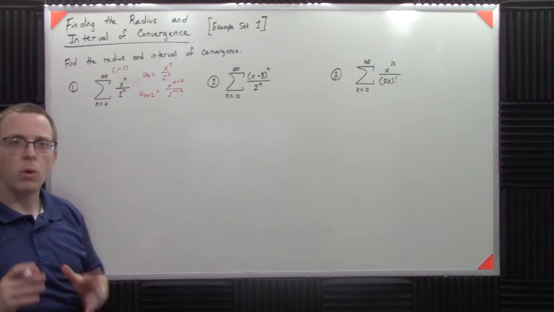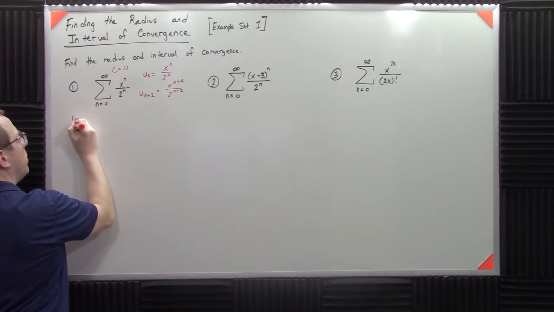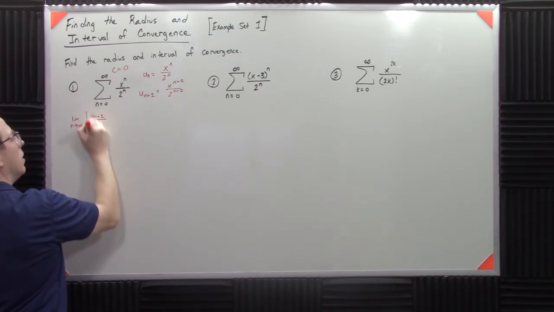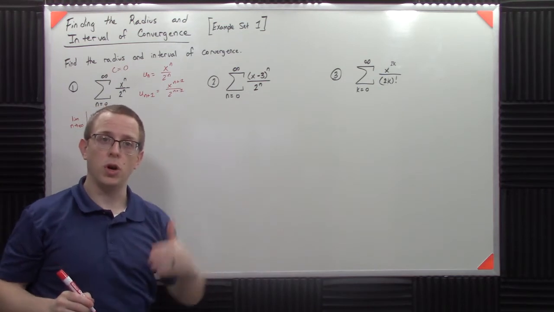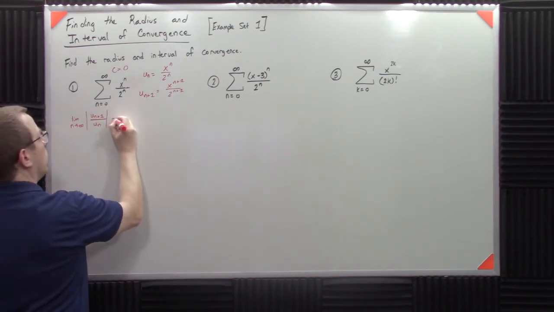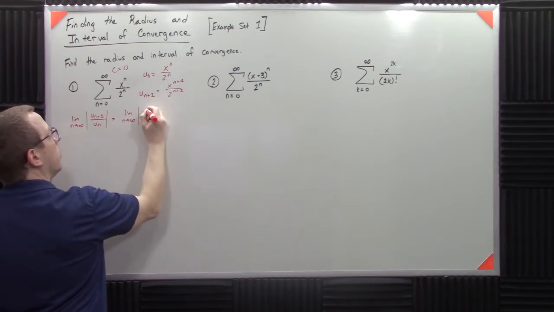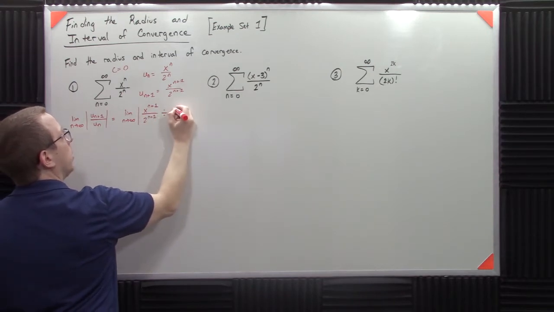Now I need to take the limit as n goes to infinity of the ratio of the next term to the current term. That's the limit as n goes to infinity of x to the n plus 1 over 2 to the n plus 1, divided by x to the n over 2 to the n.